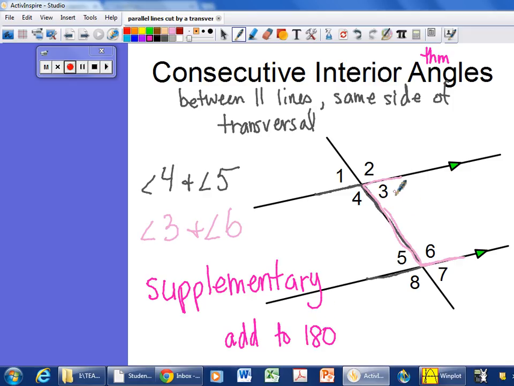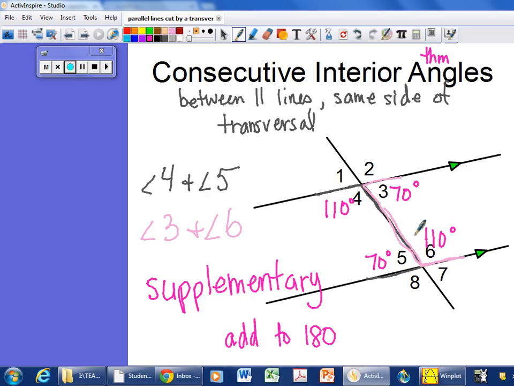So if angle 3 happened to have been 70 degrees, that means angle 6 would have to be 110 degrees, because 70 plus 110 is 180. Okay, likewise over here, 4 would have to be 110 degrees, and this would have to be 70, because these still have to add up to 180. These still have to add up to 180.